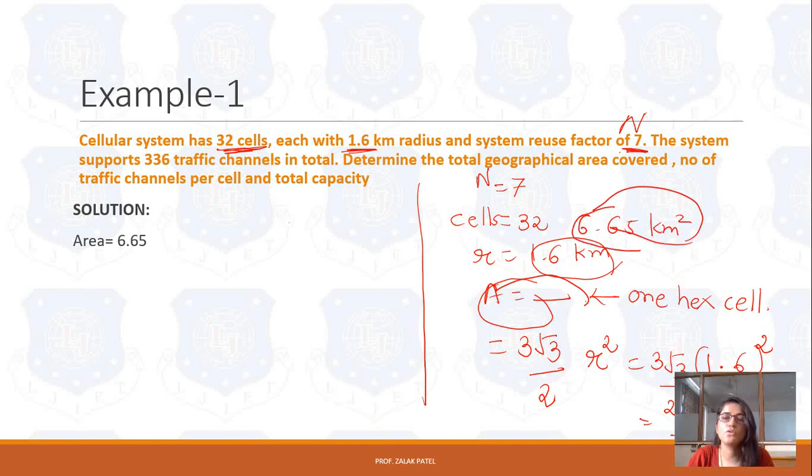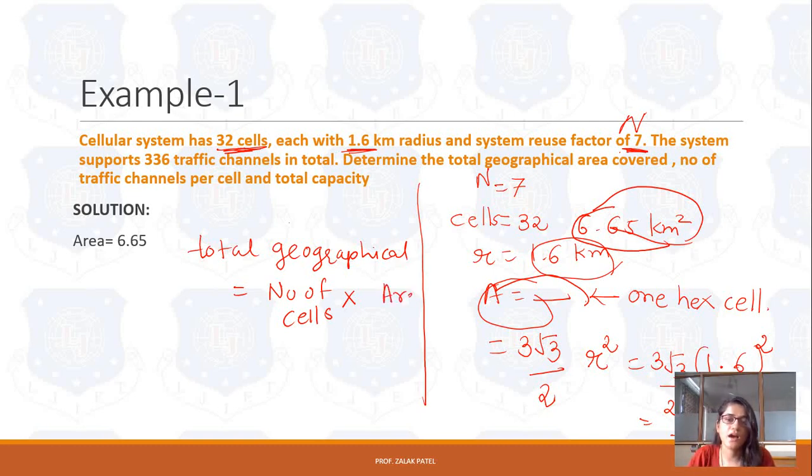Now if you want to find out the total geographical area, it is given by the number of cells in the system into the area of one cell. We found the area of one cell, 6.65, calculated by 3 root 3 by 2 into r square.